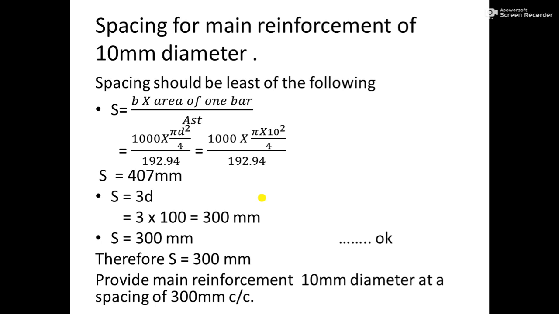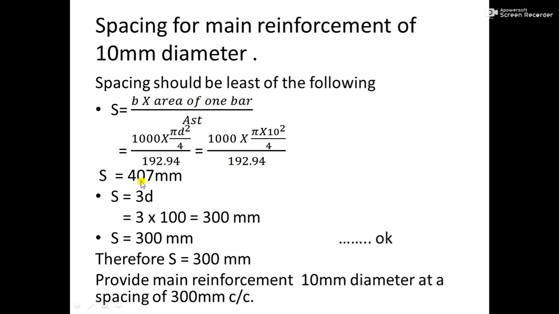Then spacing for main reinforcement of 10 mm diameter. We use the same formula for spacing of main steel as for distribution steel, that is S equals b into area of 1 bar, that is ast, upon total Ast of main steel. That is 1000 into pi by 4 into d square, where the diameter of bar we consider as 10, that is 10 square divided by 4, divided by total Ast 192.94.